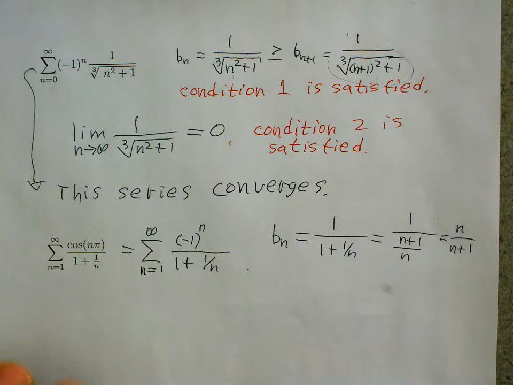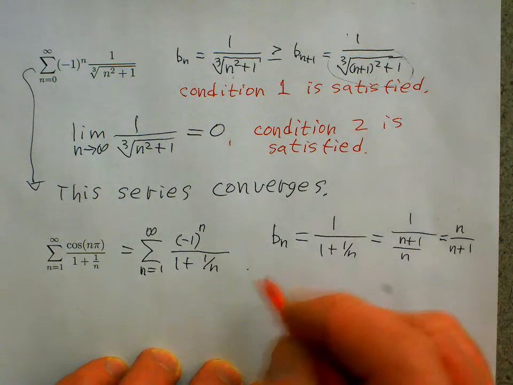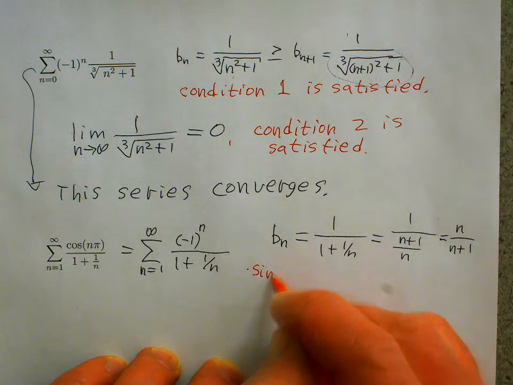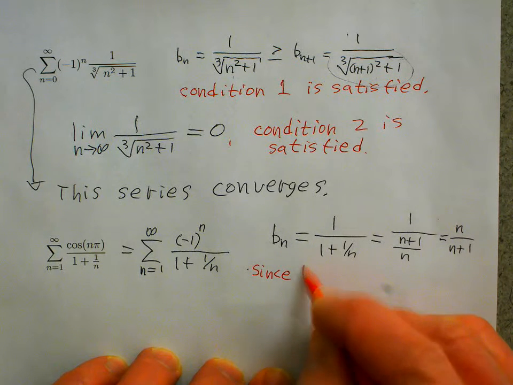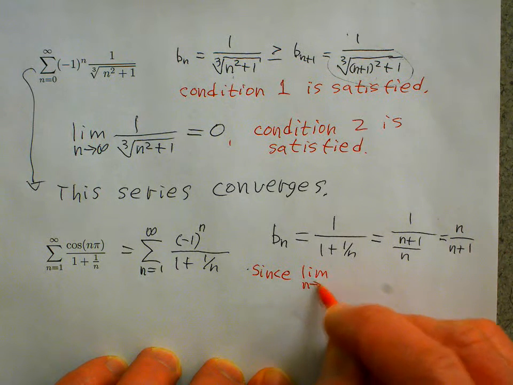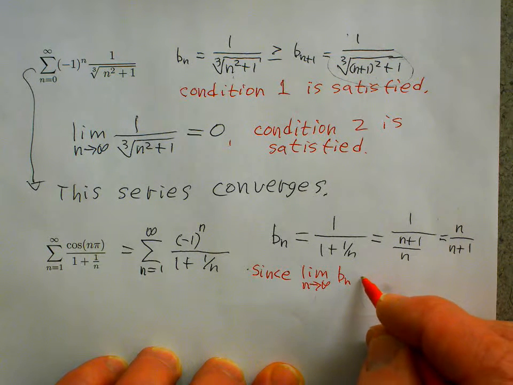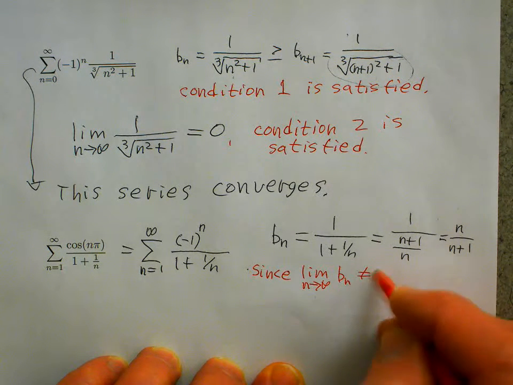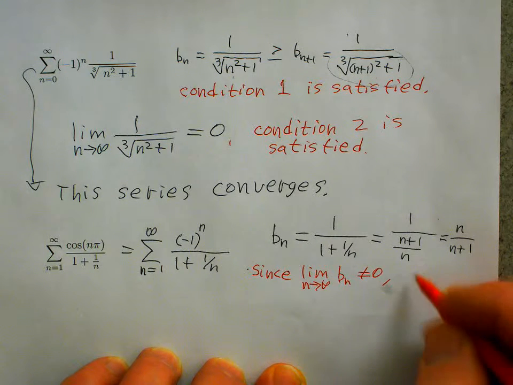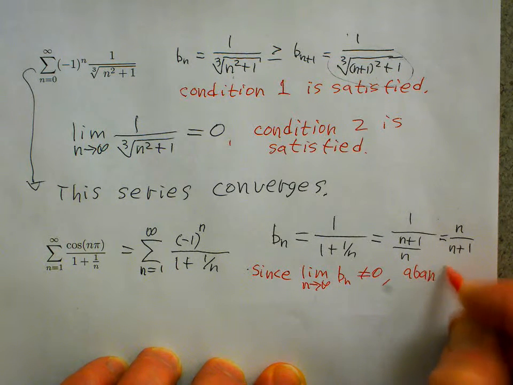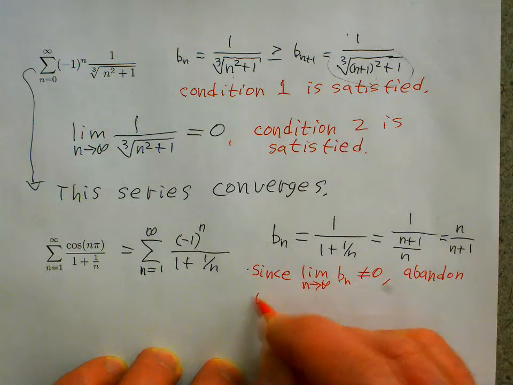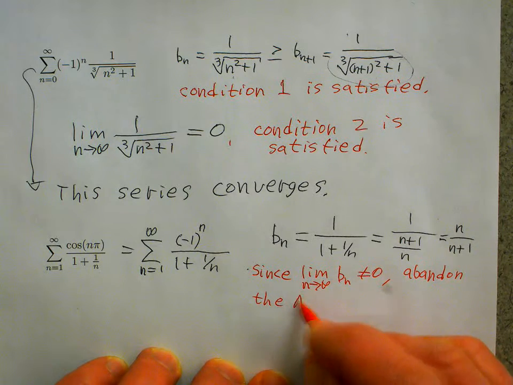I'll just make a note: since the limit of the b sub n terms does not equal 0, we abandon the alternating series test.